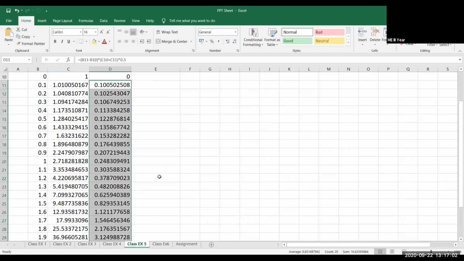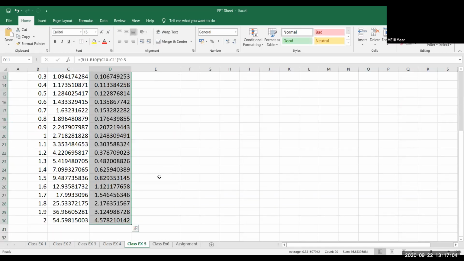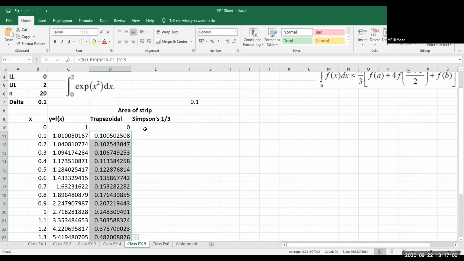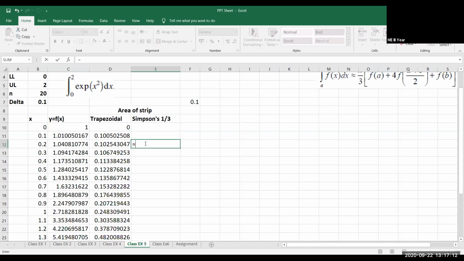So you can find out. After that, just apply here equal to, what formula? Delta by 3. So delta is 0.1 divided by 3. Then you have to put it in a bracket.